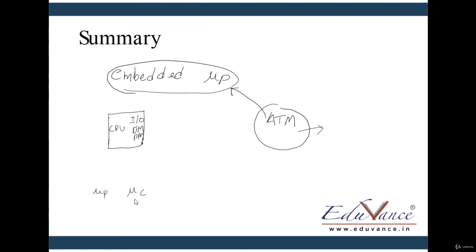One more difference is that microcontroller is used for single task systems, like your washing machine or your TVs, where you have a single task. For multiple tasks, we prefer microprocessors, as we can see, if we want to surf the internet or process a word file or something like that. Okay, thank you.